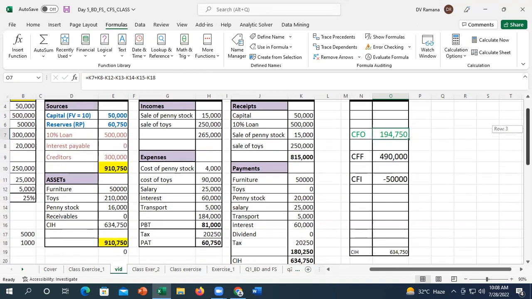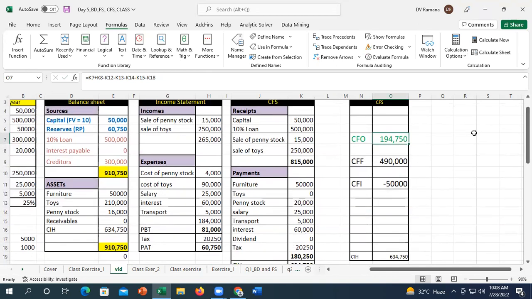The company is having positive PAT and also positive CFO. But you observe that CFO is not same as PAT. We'll dwell into that a bit later. But we are at least able to see that CFO is positive and PAT is also positive.